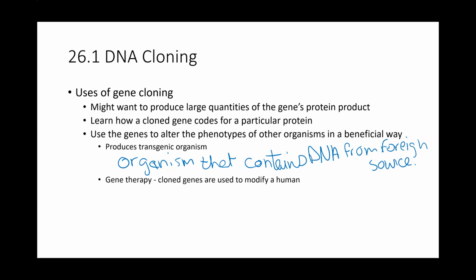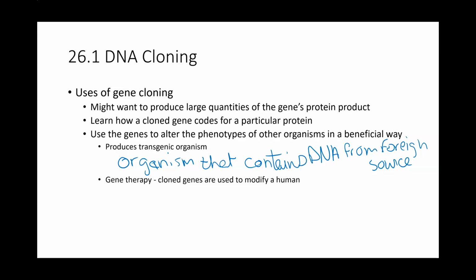So you have taken DNA from another source and added it to their genome, so that now they can maybe grow better, or they can produce certain proteins that they couldn't produce before.